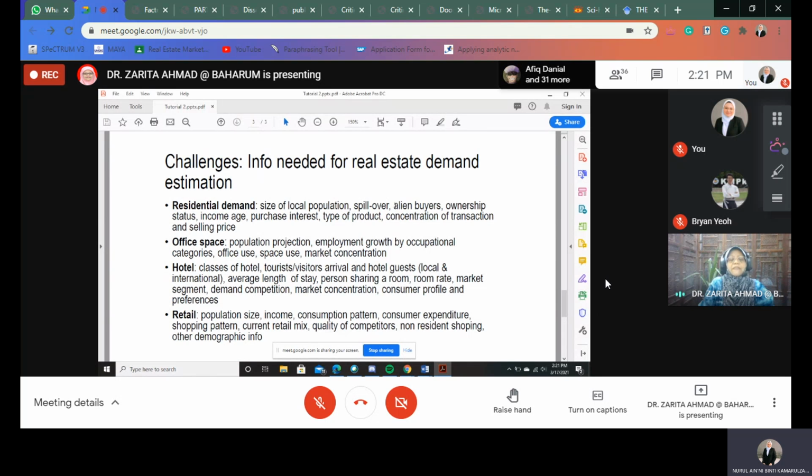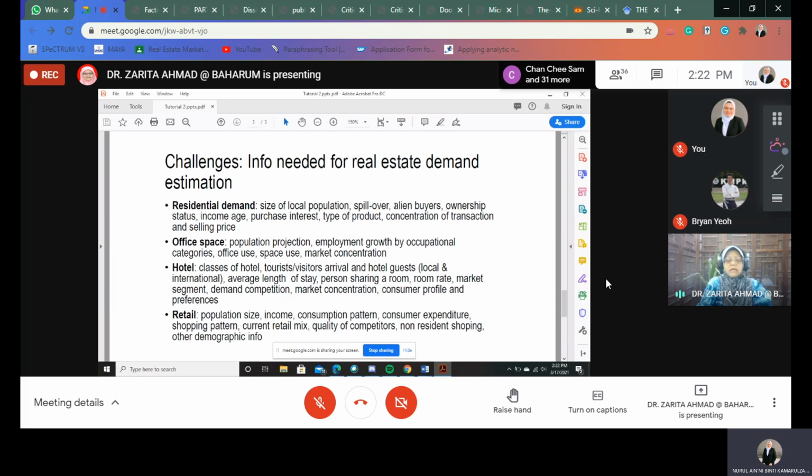Then you are talking about income, the age, the purchase interest, the type of product, concentration of transaction, and the selling price. All this you need to have in hand in order to estimate your demand. So that's why it's not easy.